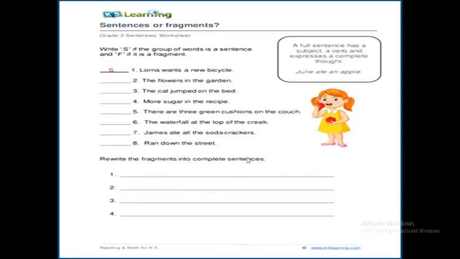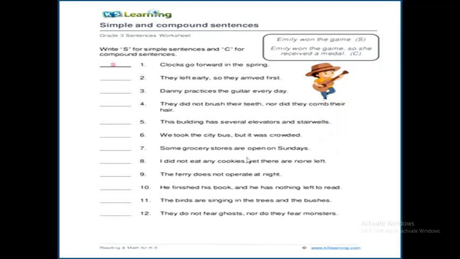So these are the fragments which miss that sort of element. Then here write S for simple sentence and C for compound sentence. So you have to recognize which is a compound sentence here, as per the rules I already briefed you, and which sentence is a simple sentence.